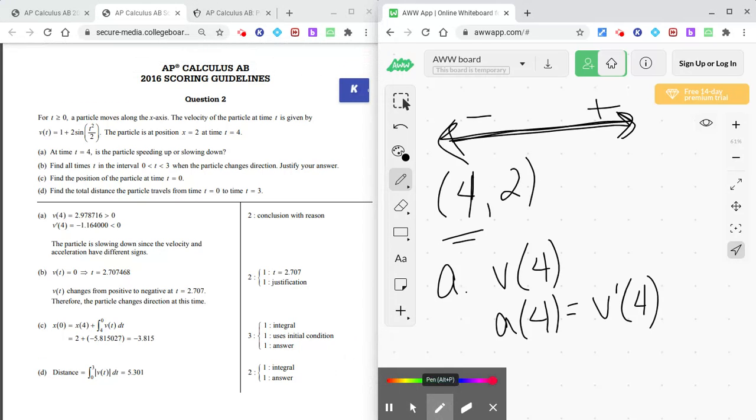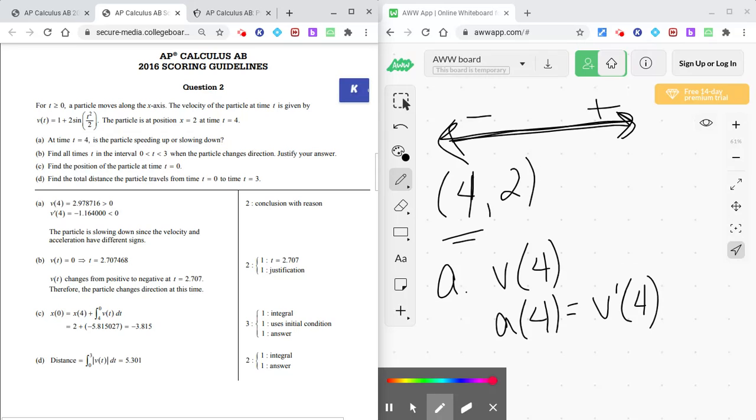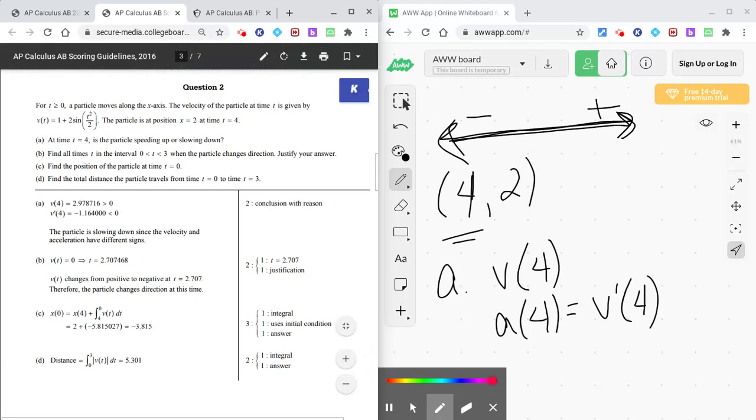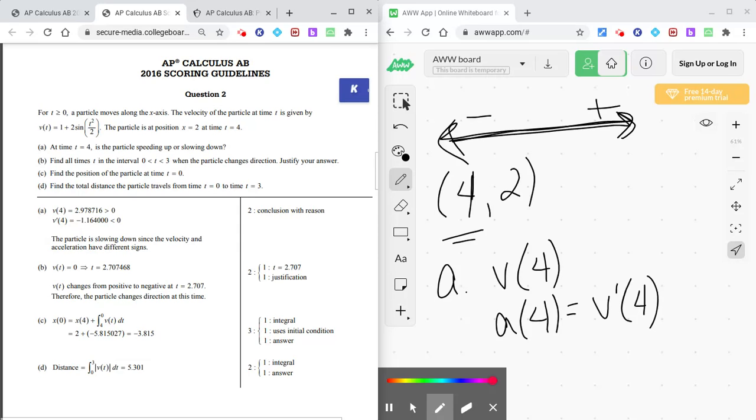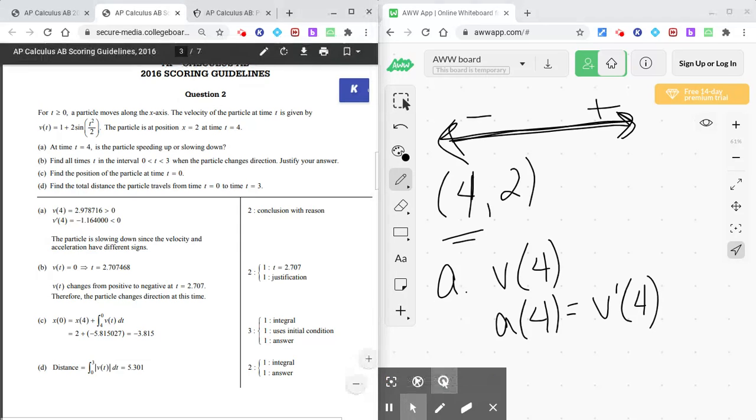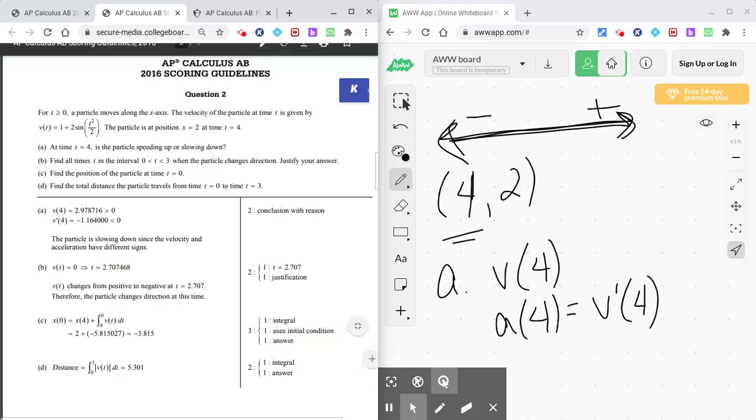They do the same exact thing in this window over here, where they compare exactly what we need to be comparing with the velocity at 4 and the derivative of the velocity at 4. So pretty straightforward. It ends up slowing down because your velocity is positive while your acceleration is negative.